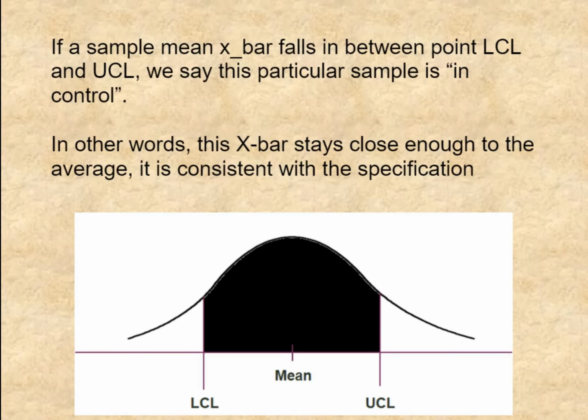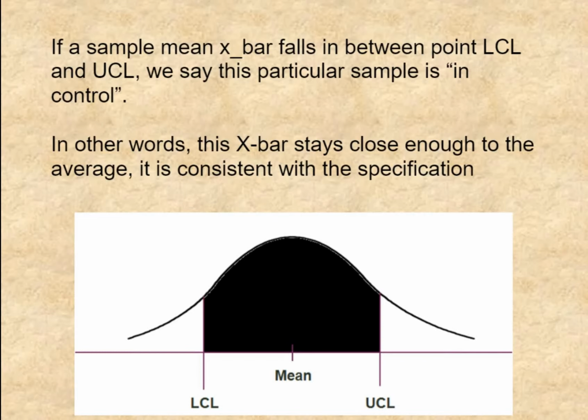One is what we call the lower control limit, LCL, and the other one is the upper control limit, UCL. If the value of x bar from that specific sample falls in between these 2 points, which means basically in this highlighted area, we call this particular sample in control.